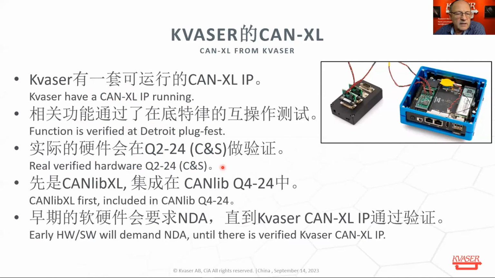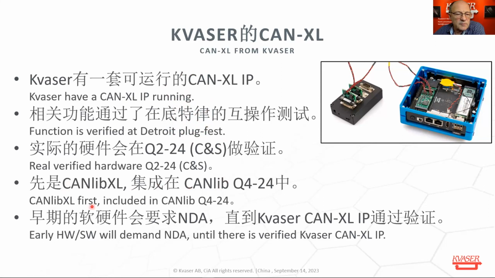So the final hardware will not be available until next year. But we had no problem communicating with the Bosch IP, neither at the Plugfest in Detroit nor at the office. So we can already send and receive CAN-XL frames without problem.